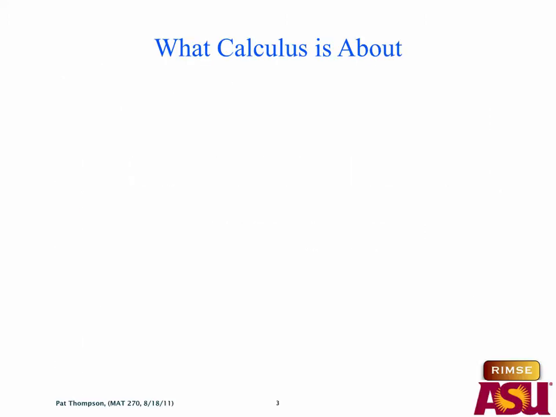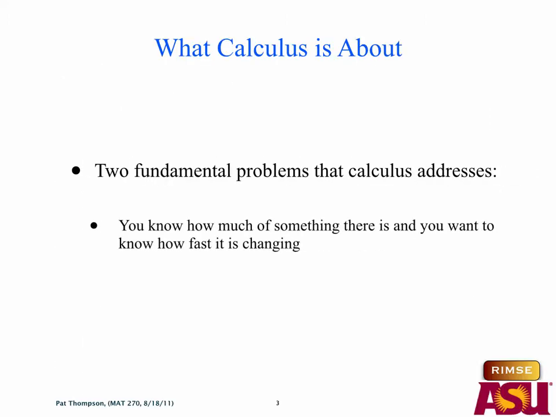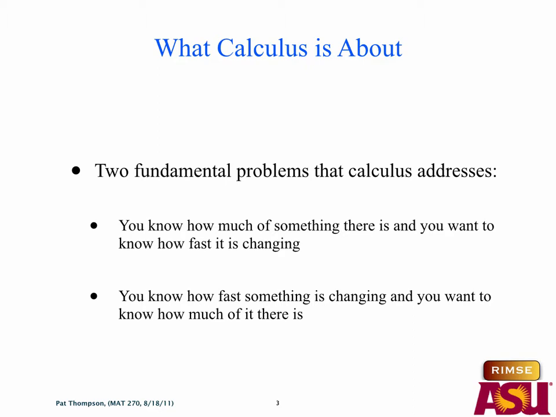In light of the test, we want to make sure that we know big picture and details. The big picture, again, is that calculus is here to address two problems. You know how much of something there is and you want to know how fast it's changing, and you know how fast something is changing and you want to know how much of it there is. We've been addressing the second scenario.